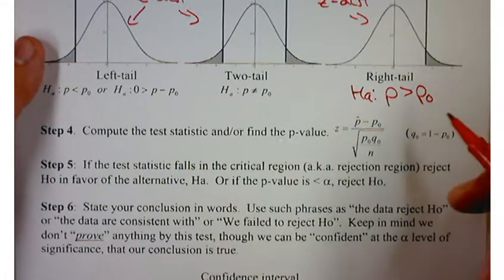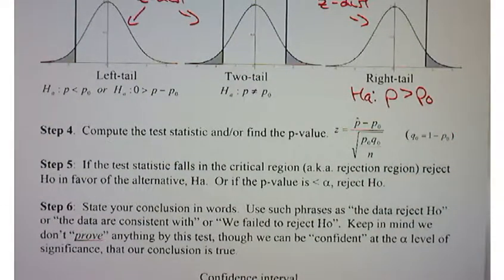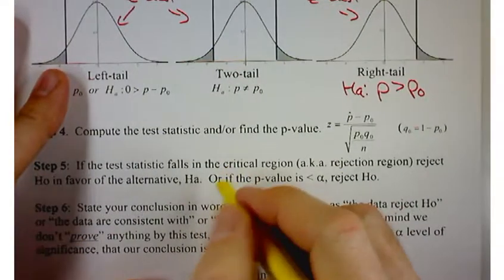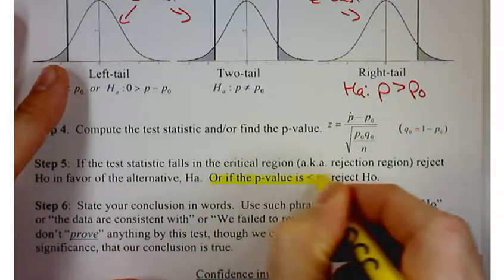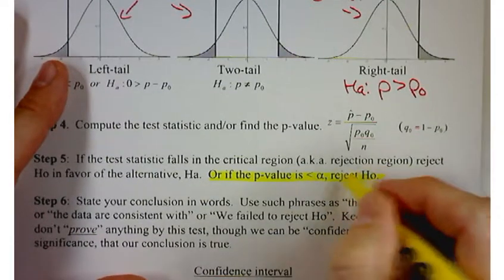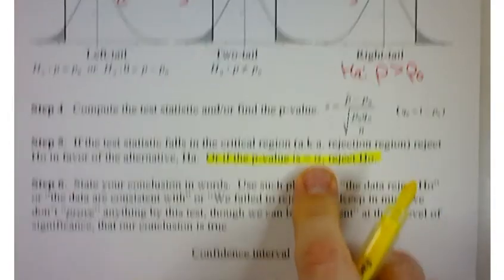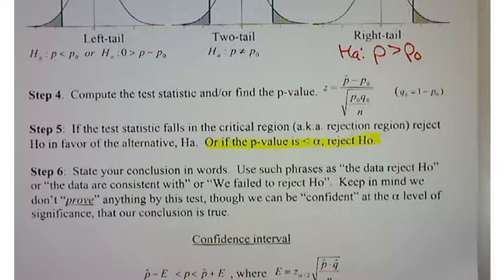Alternatively, after this first example, we can do this based on a p-value. So if our p-value is low, and by low I mean less than alpha, then you're going to reject H0. Do you remember what we said the other day in terms of making decisions?